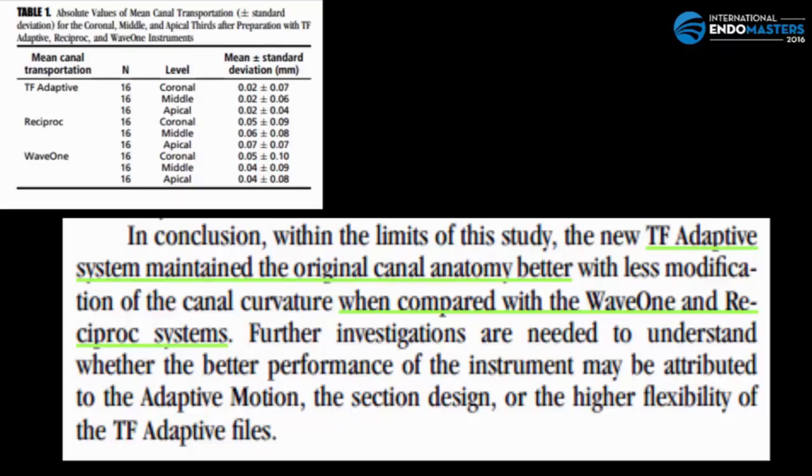Further investigations are needed to understand whether the better performance of the instrument may be attributed to the adaptive motion, or the section design, or the higher flexibility of the TF adaptive files.